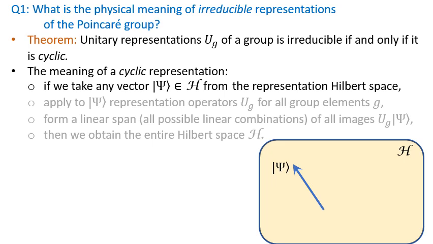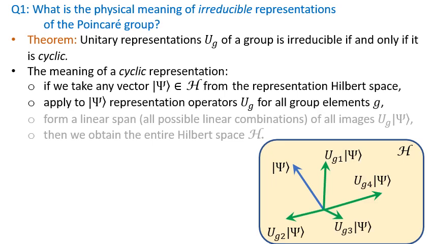What is the meaning of a cyclic representation? Suppose that we took any vector psi from the representation Hilbert space and applied to this vector the matrices representing all group elements. In the figure, I show these images by green arrows.